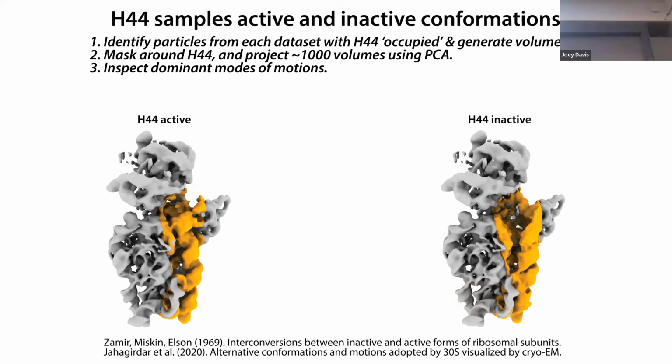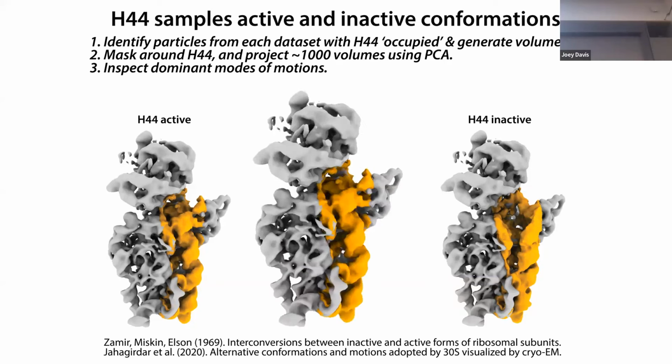This one is inactive, unable to do translation, and this one is active. So we were curious that we had to be able to find these two conformations in our datasets, and what it looks like if you traverse across them: it starts in, it gets played out, it'll come back. So we had these two different conformations.